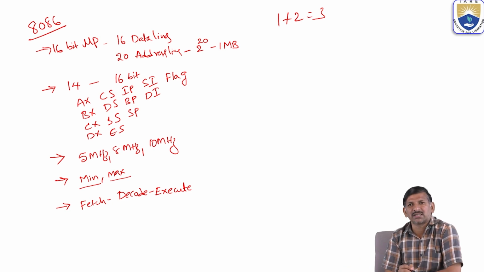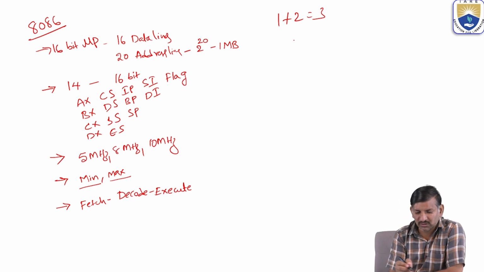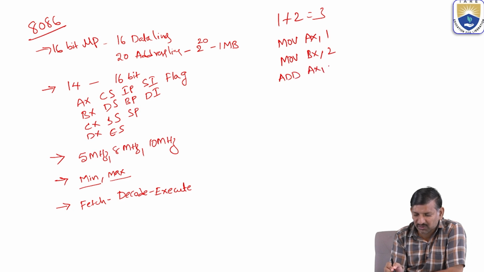For that, I need to write the instructions, write the program. So here I am writing the assembly level language: MOV AX, 1; MOV BX, 2; ADD AX, BX; INT 03.